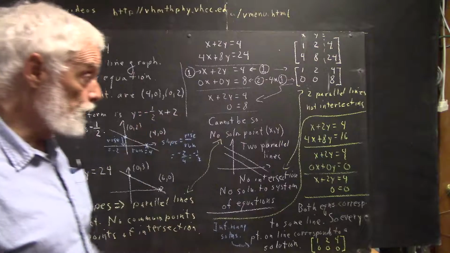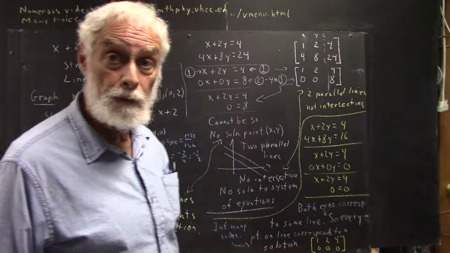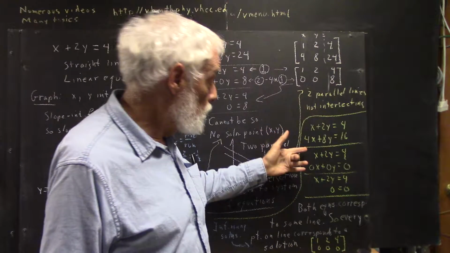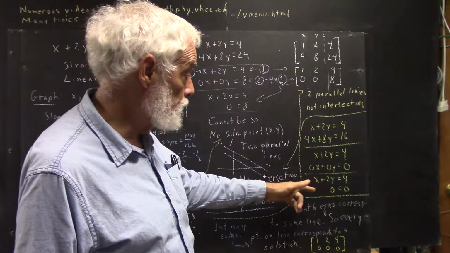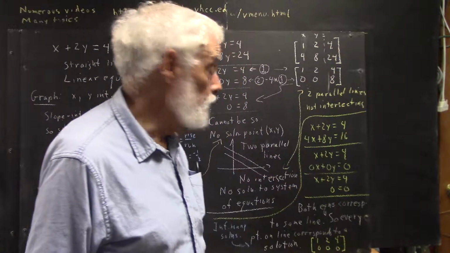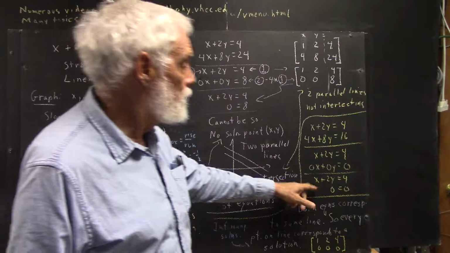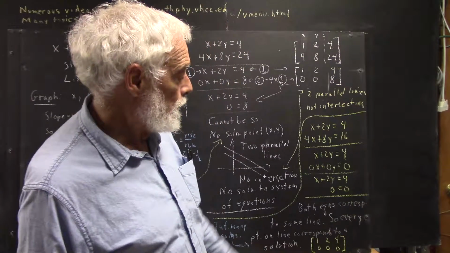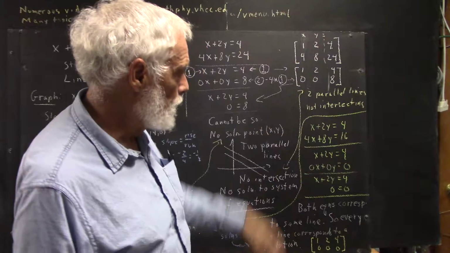If we change the system slightly, just change the 24 to 16, then when we do the same row operation we did up here in the system, we get 0 equals 0. And there's nothing at all wrong with that. Now, 0 equals 0 in this equation just tells us that the second equation was a multiple of the first.